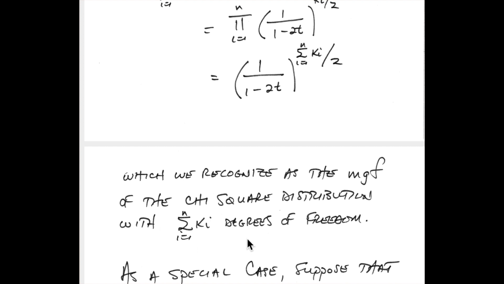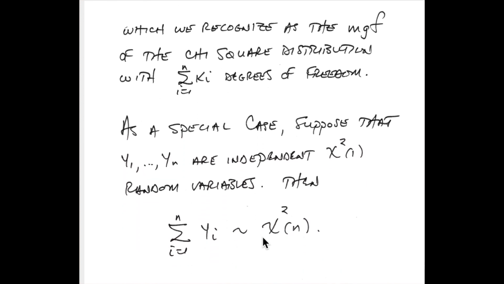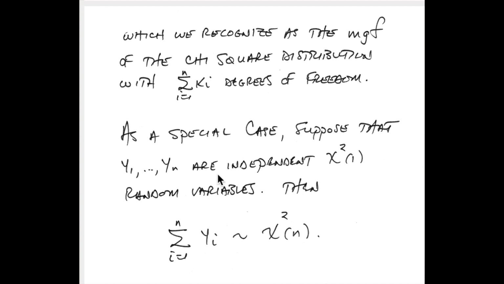individual degrees of freedom. Now, as a special case, let's suppose that these y's, y1 through y sub n, are independent chi-square random variables with 1 degree of freedom. So not only are they independent, but they all have the same chi-square distribution, the chi-square distribution with 1 degree of freedom. So they are in fact independent and identically distributed.